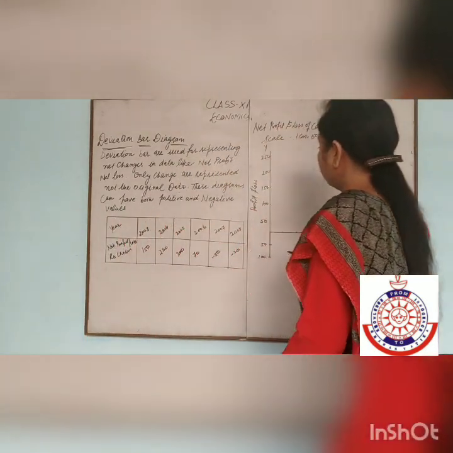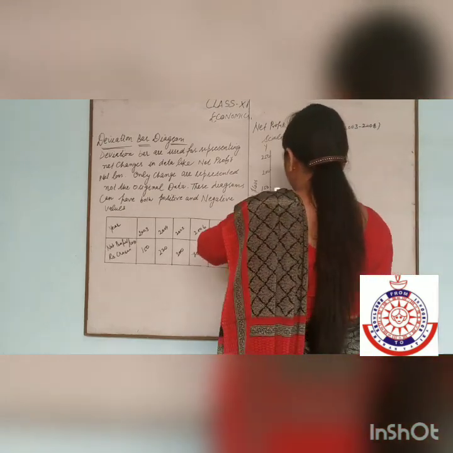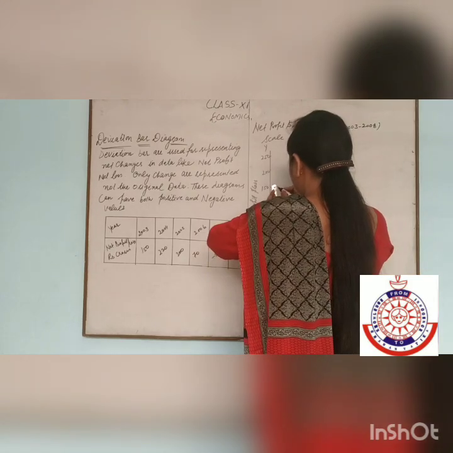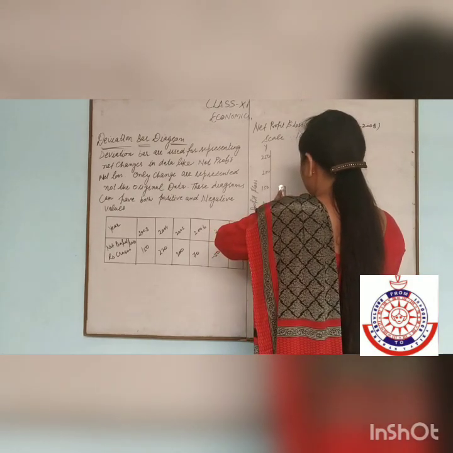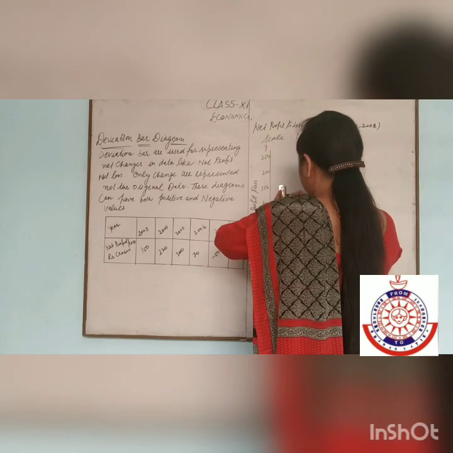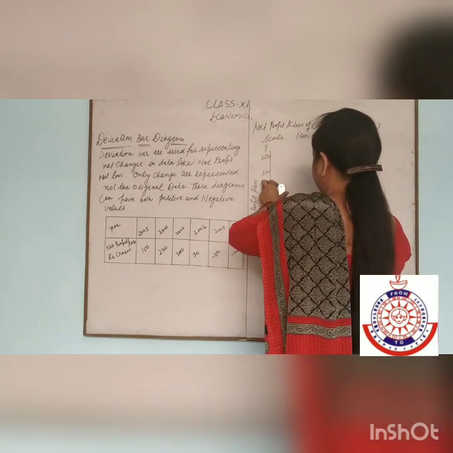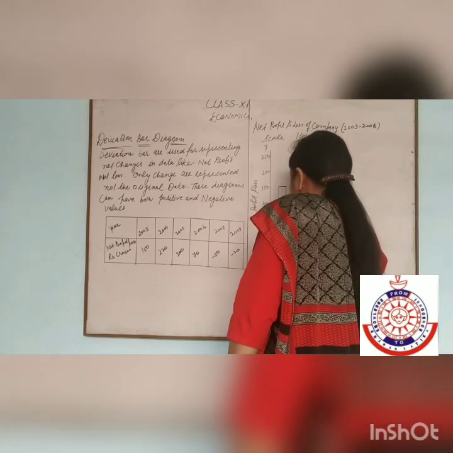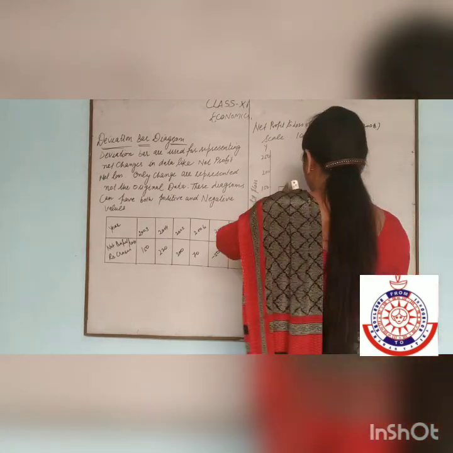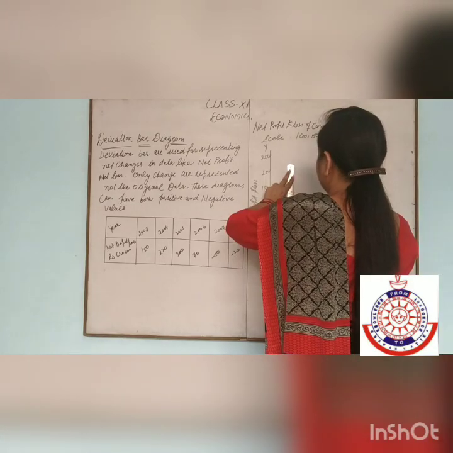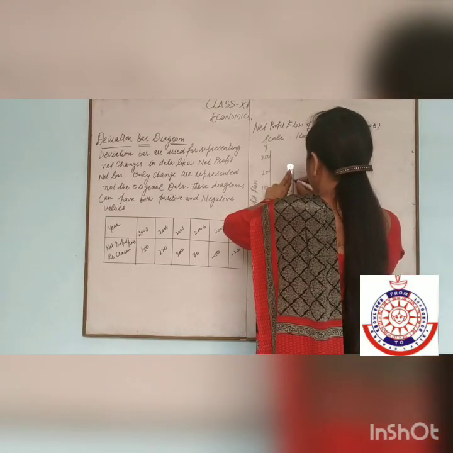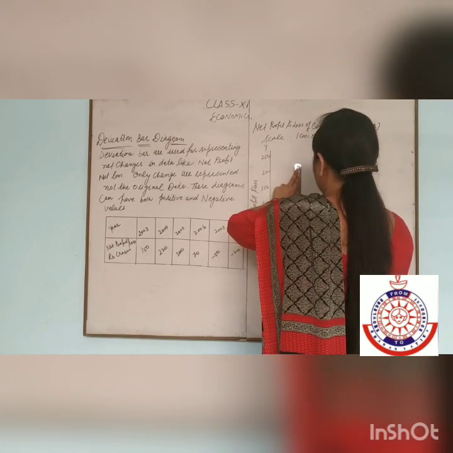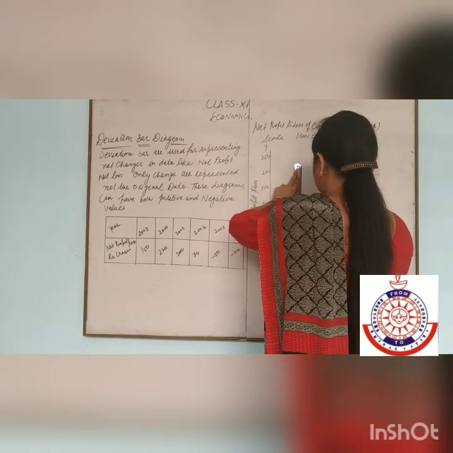Now, in year 2003, the profit is 150. It means 150 is here, so we will take 150 here. This is 150 in 2003. In 2004, 220. 220 is here.